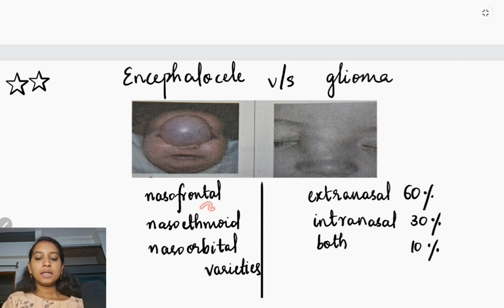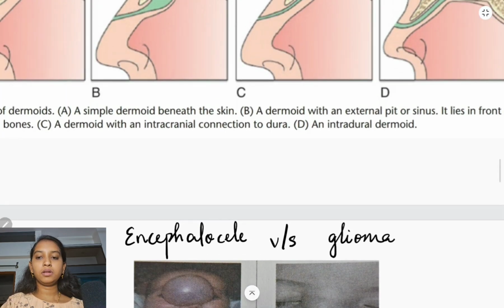The encephalocele can be of various varieties like nasofrontal, nasoethmoid, and nasoorbital varieties. And in glioma, the most common site is extranasal. It can also be intranasal in 30% cases or mixed in 10% cases.